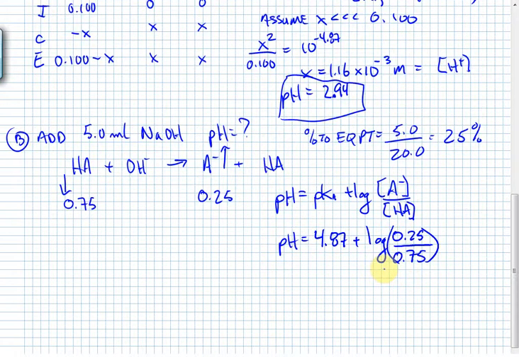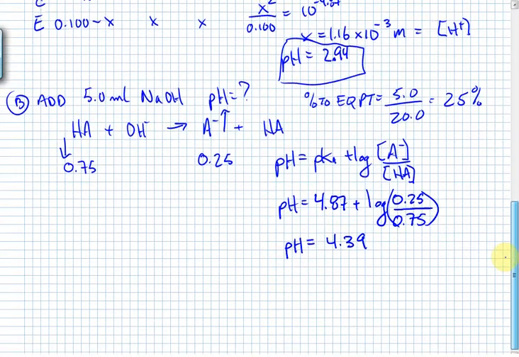There's our relative ratio. We do the calculation, and the pH is going to be 4.39. Okay, the pH is 4.39. The acid concentration is still greater than the base concentration. We're only 25% to the titration. Therefore, we're not surprised that the pH is below the pKa.